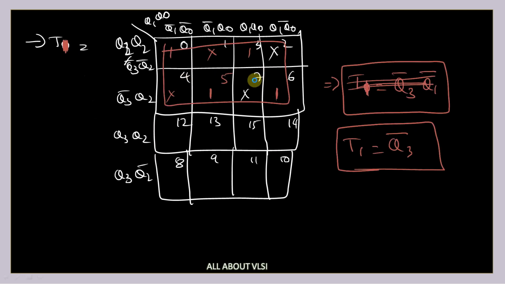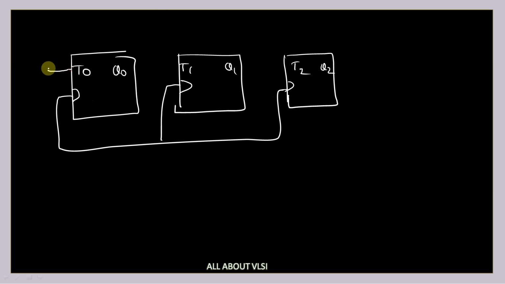So T0, I can simply write it as Q3 bar, Q1 bar. I'm going to give it to an AND gate, and this output is given to this input.